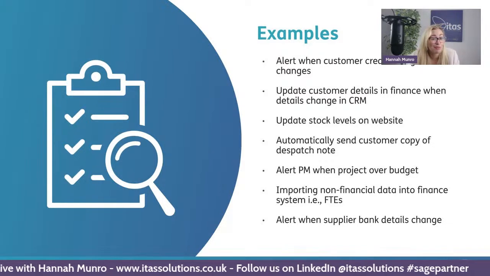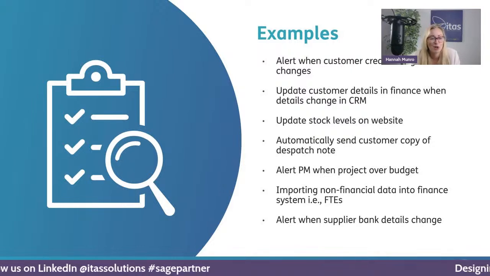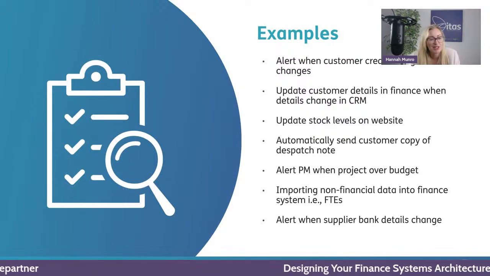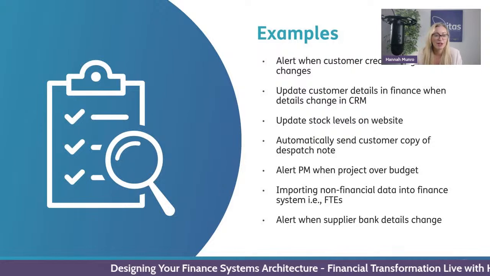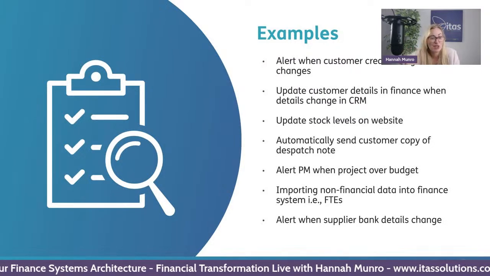Examples of uses of BPA, and it isn't just integration. That's normally where people start. They normally come with, I need to connect the dots here because I'm spending a lot of time sharing data, but it can do so much more. So things like alerts when customer credit limits change, or their credit score changes.